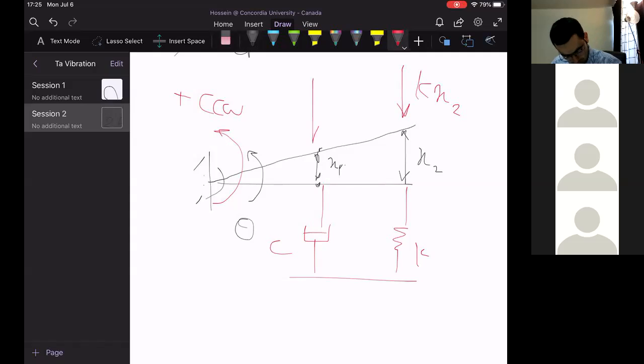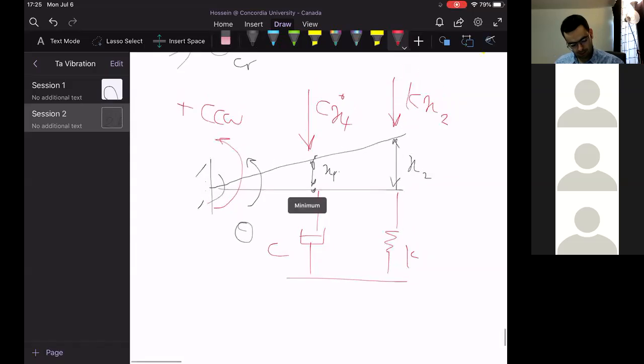So there is a damping force of c x dot 1. The damper is mainly dependent on the velocity of motion. However, a spring is always dependent on the deflection, right?